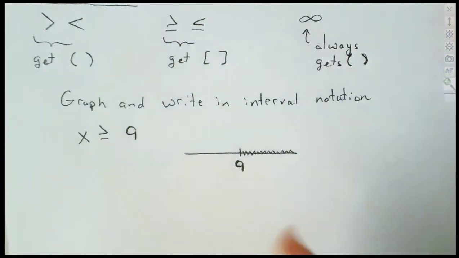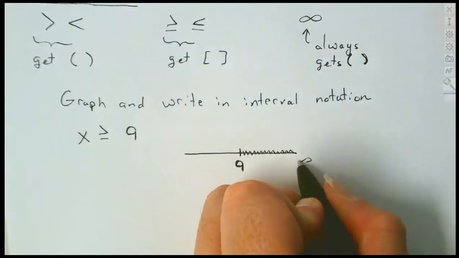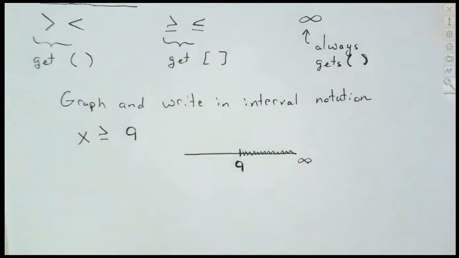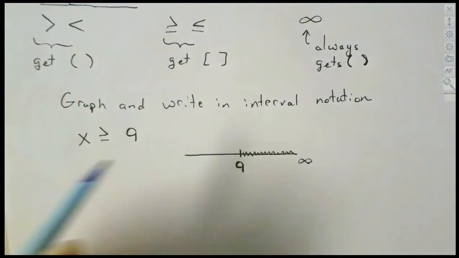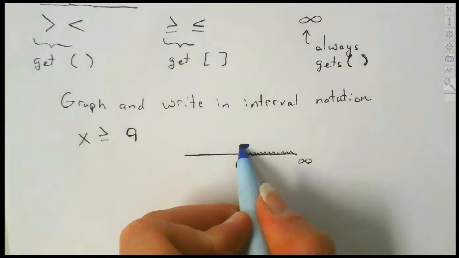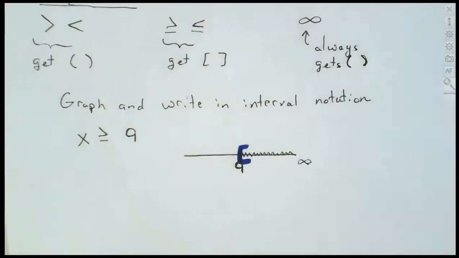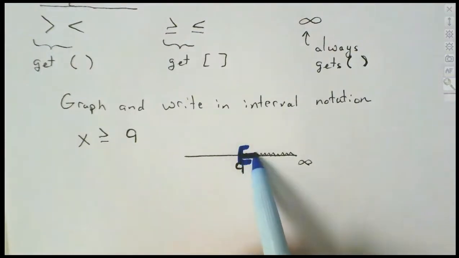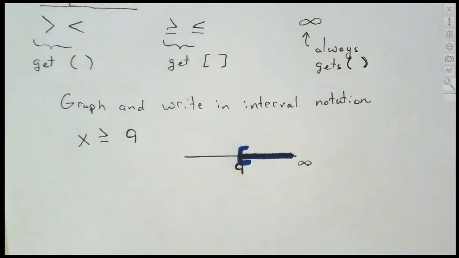And whenever it goes all the way to the right, it goes to infinity. Now, are we going to have square brackets or are we going to have parentheses? Well, it is x is greater than or equal to the 9. So we're going to have to use square brackets there. How do we now write our answer in interval notation?